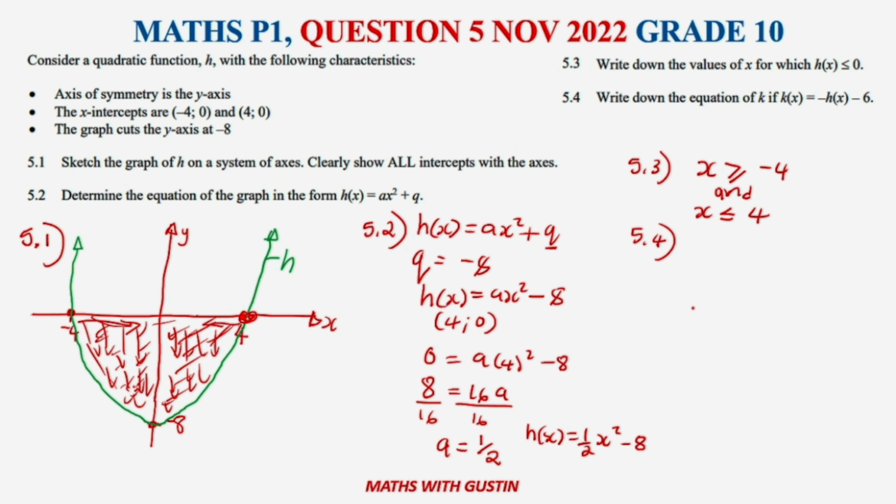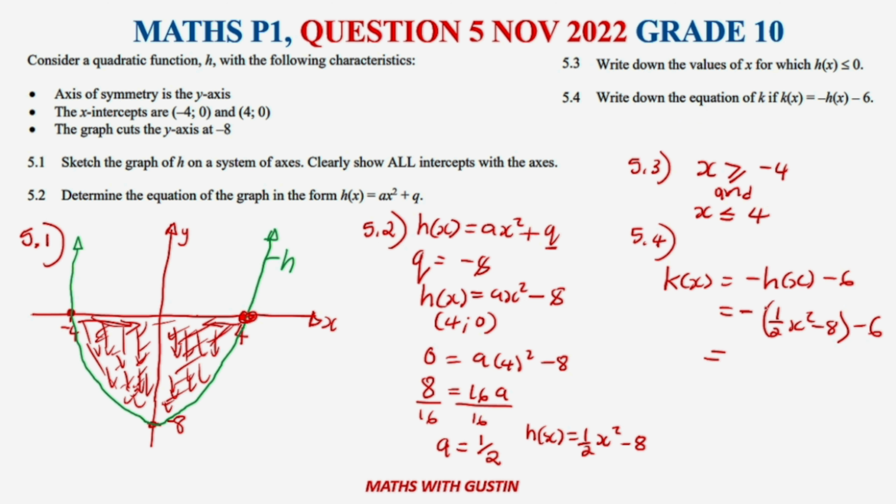Now, write down the equation of k if k of x is equal to negative h of x minus 6. So now we know what h of x is. We just come and substitute it here, guys. There's no trick here. They are referring to the whole equation of h. So there's a negative there, and you put the whole equation of h inside the bracket, then minus 6.